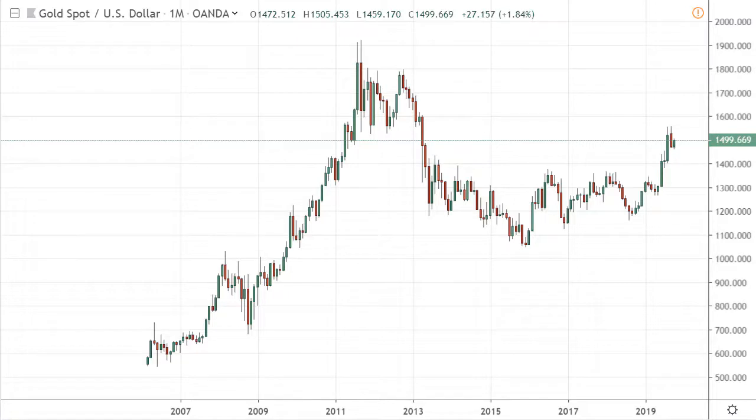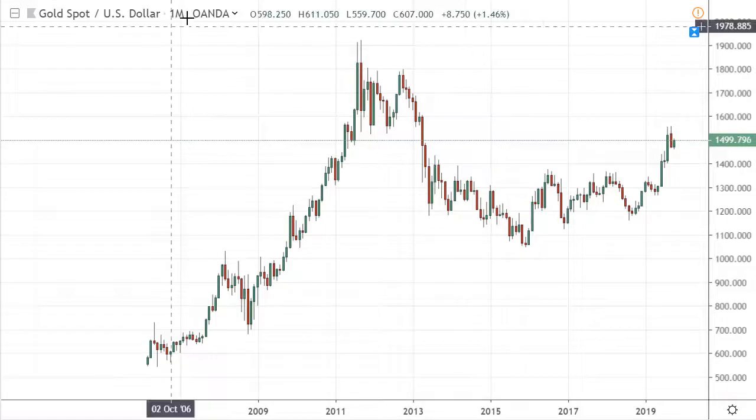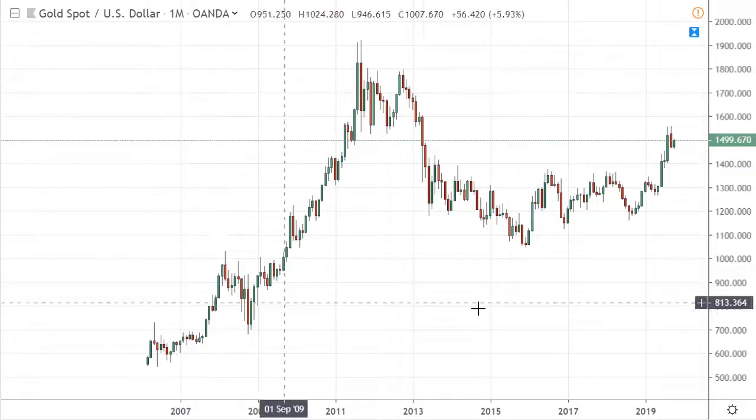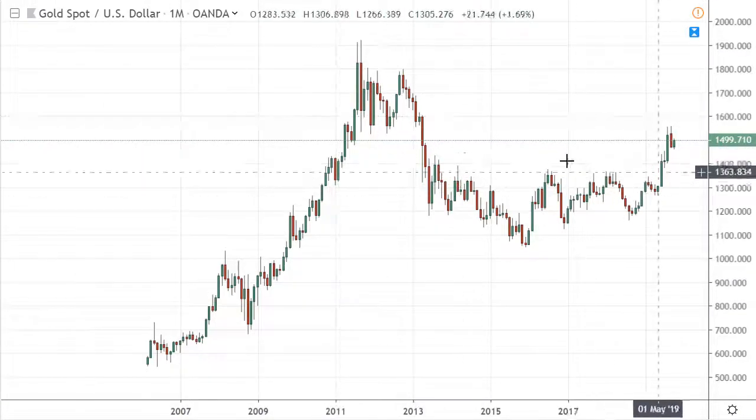But I want to paint the whole picture. This is the monthly chart of the gold against the US dollar, of course.